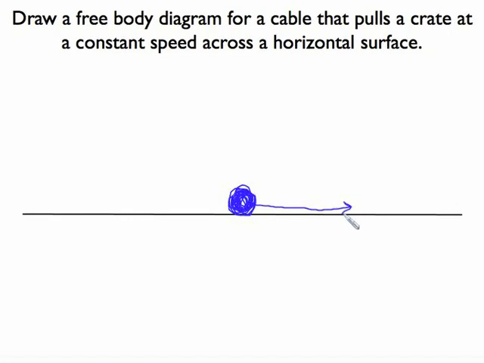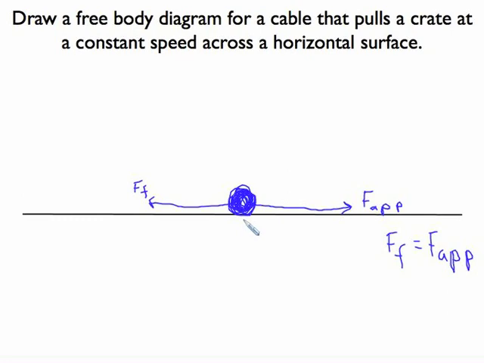So you have your F applied, and this is your applied force. And then you have your F friction. These two should be about the same size. So I'm going to go ahead and write F friction equals F applied. That way anybody looking at my diagram knows that I meant these two to be the same even if they're not exactly.